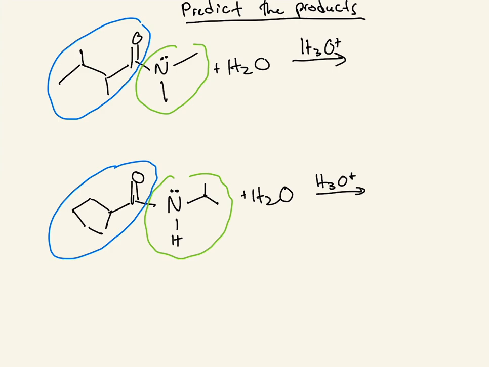Right, and so for both of these, we're just going to draw what I've circled here and then adjust them to make them either an amine or a carboxylic acid. Doesn't matter how many substituent groups are on there, I will give you reactions where you don't have potential side reactions going on, right? So you don't ever have to worry about that.